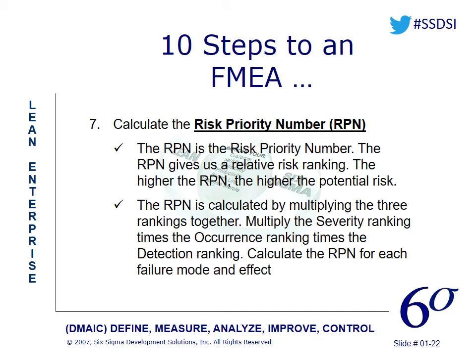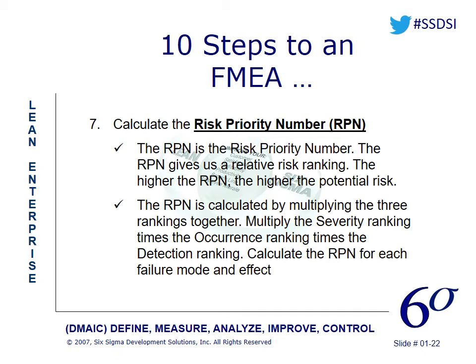So once we determine the risk priority numbers, we can then sort on those risk priority numbers to help us understand what are our greatest risks to our process. And that really helps us to understand what to do next and what to improve.